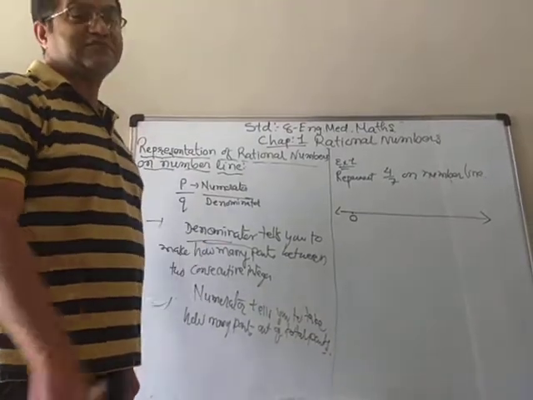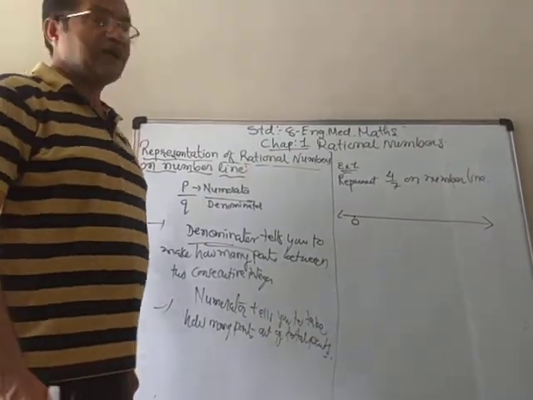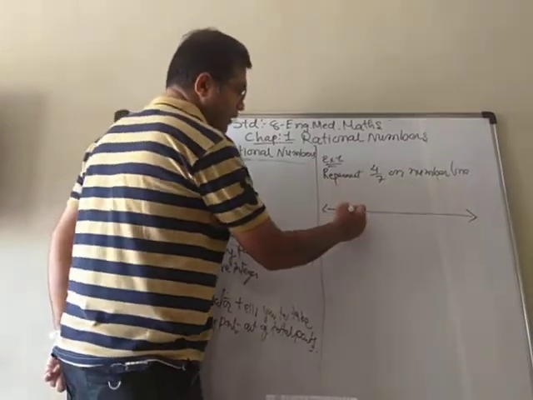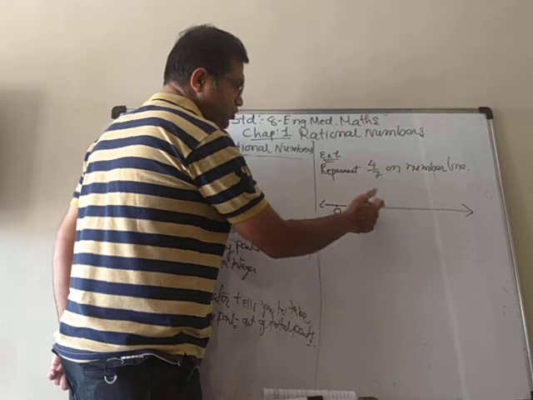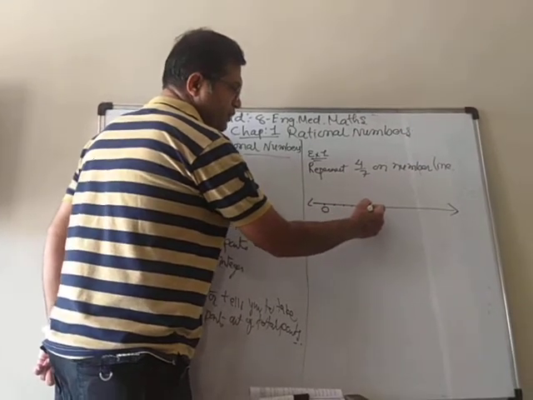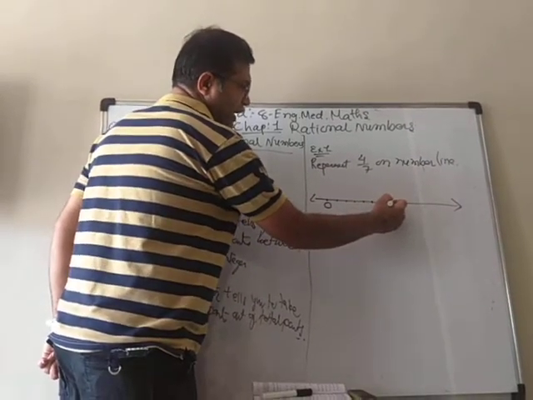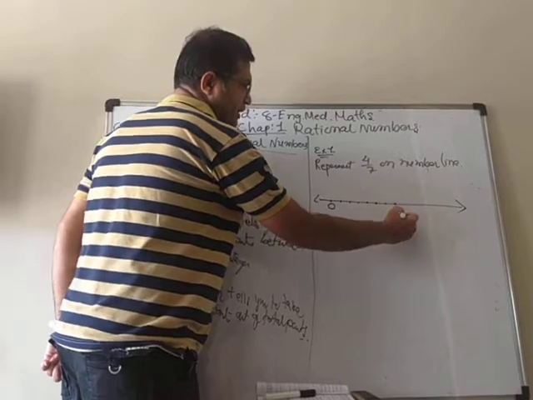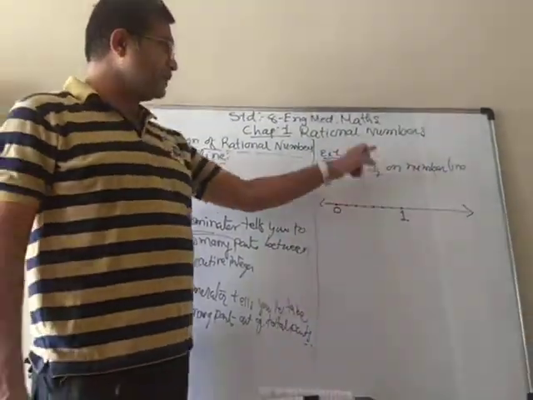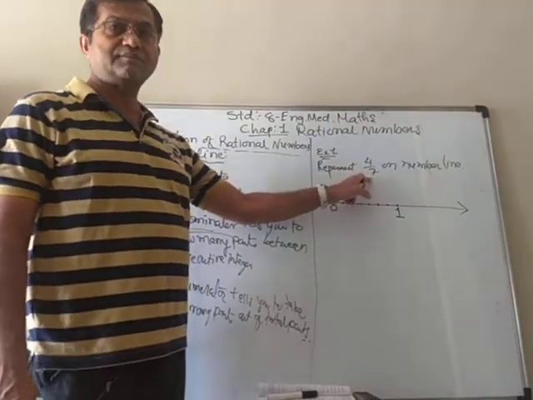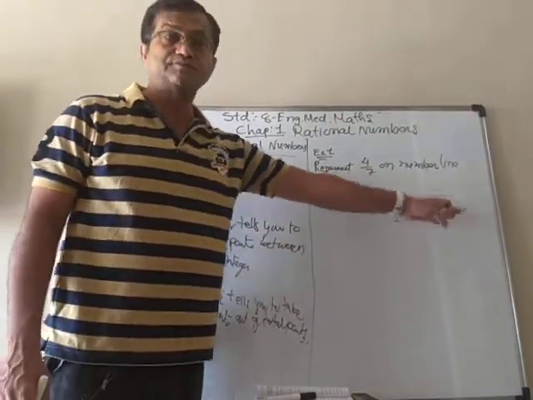Take a scale and count 1, 2, at equal distance, 1, 2, 3, 4, 5, 6, and at the 7th you can write 1. If the number in the numerator is bigger than 7, then you have to go further also.